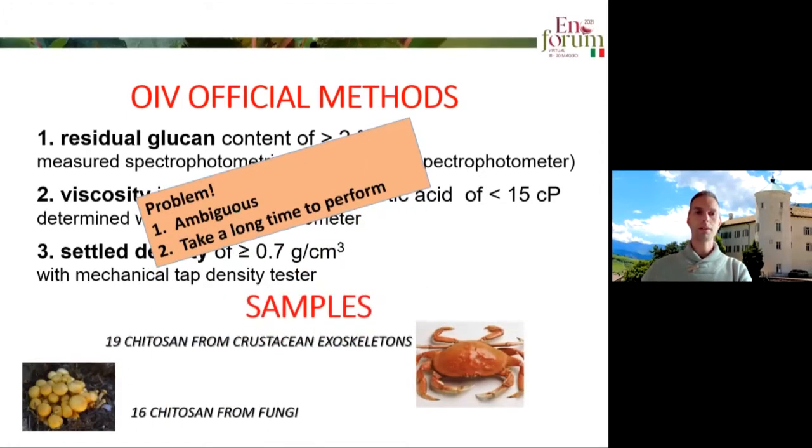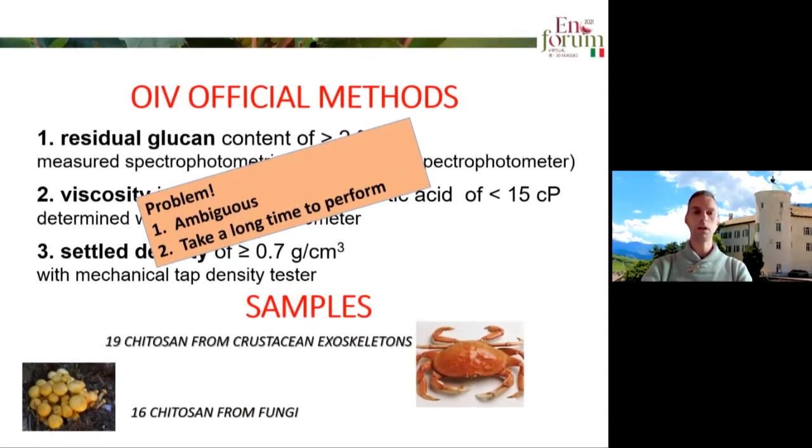These three methods are very complex. For instance, in terms of settled density, we do not even have a device on the market. You have to build your own in the laboratory. These methods entail a very long time, and oftentimes you receive an ambiguous answer, because that is linked to the preparation itself.